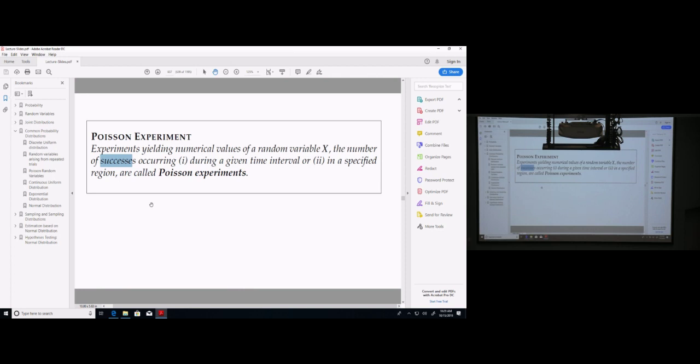Suppose within 1 minute, the chance of having an accident is small. Of course, if you look at it for 1 hour, it might not be small anymore. So the time frame would be shrinking. We will think of 1 hour, 5 minutes, 1 minute, or 1 second, and so on.